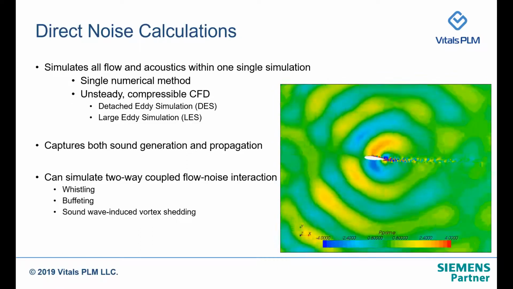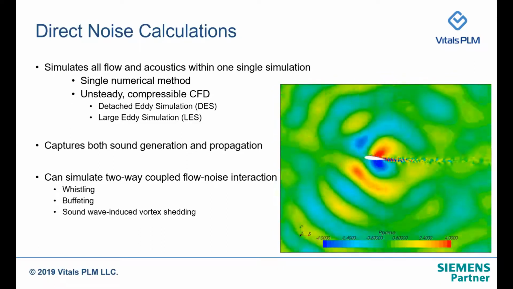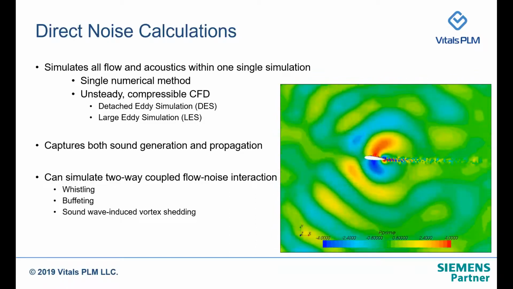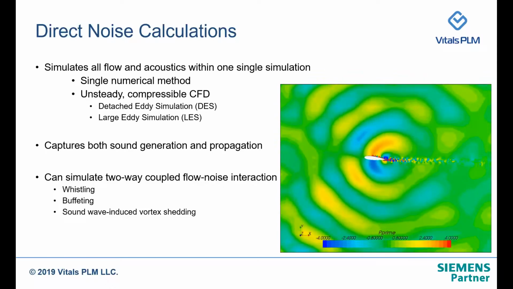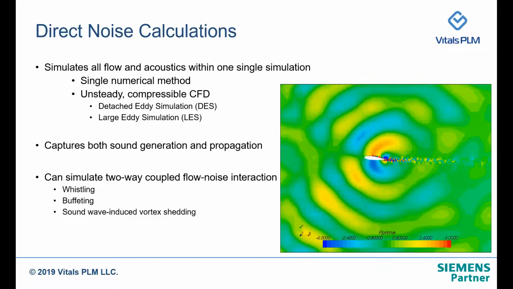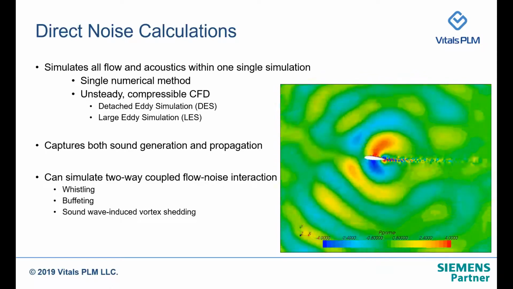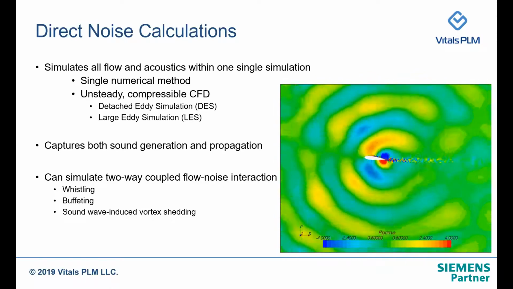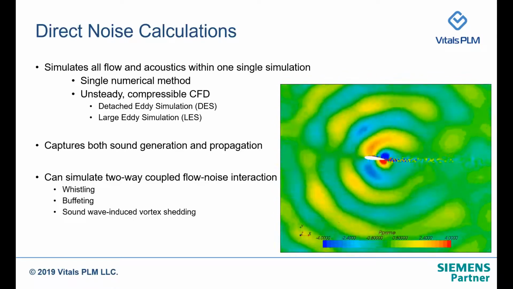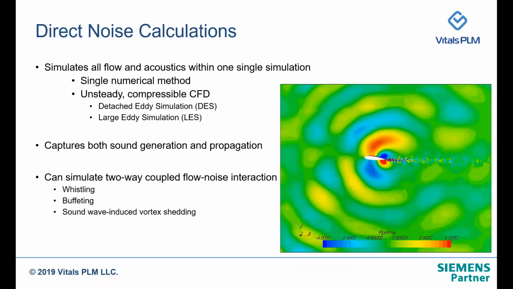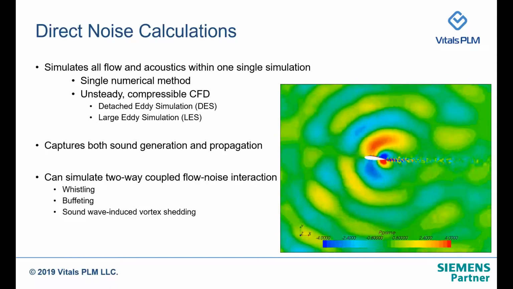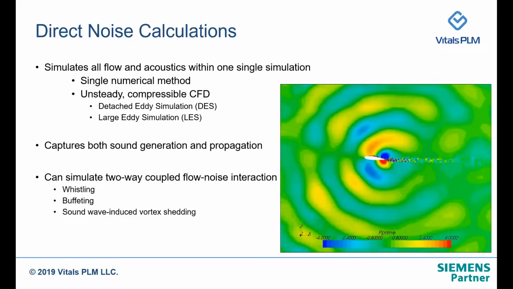And it can be used for scenarios where there is a strong two-way coupling between the flow and noise interactions. Examples include whistling, sunroof buffeting, or side window buffeting. And in some special examples, like sound wave induced vortex shedding, the propagated sound can induce some motion in the components. That's where there is a strong coupling between the sound field and the flow field.